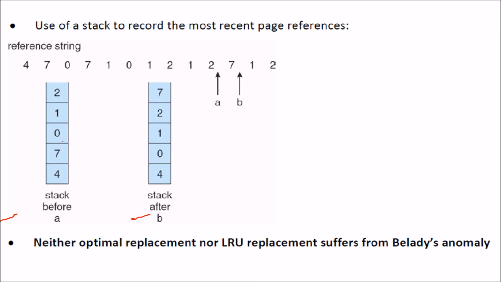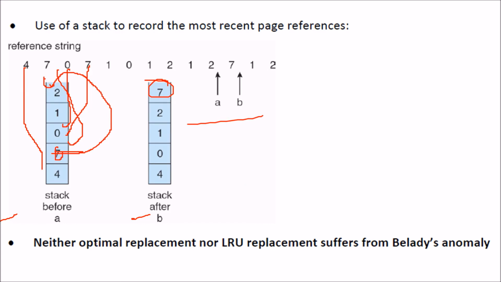So whenever a page is referenced, say 4 is referenced, then 7, then 0, then 7 has come again. When 7 has come, we have to take it out, or you can say in terms of stack, we do push and pop. So we will pop it out and put it on top. This is recently used. This is how it is done. So neither the optimal replacement nor the LRU replacement suffers from Belady's anomaly.